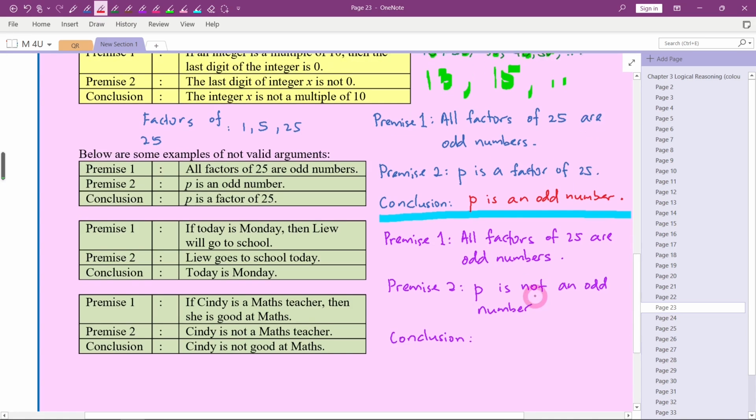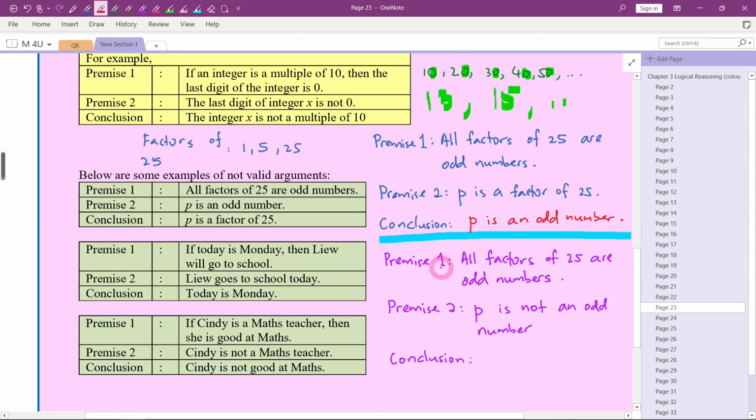How about this one? Same thing, the premise 1 tells the same thing. All factors of 25 are odd numbers. So the premise 2 tells us that P is not an odd number. So the conclusion will be P is not a factor of 25. These two are valid forms of a deductive argument.